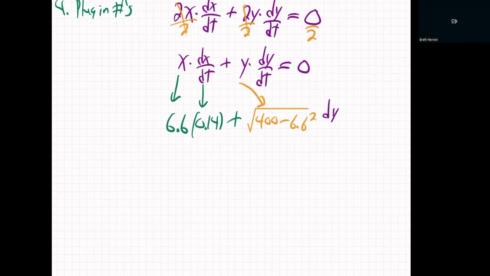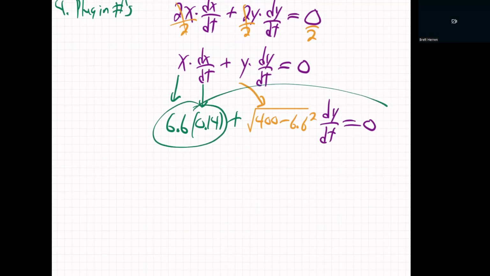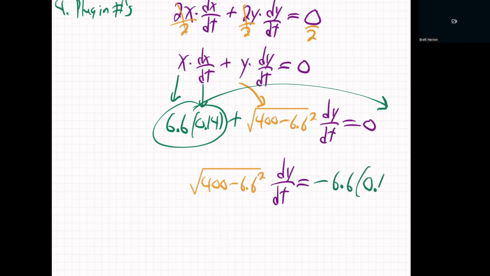Times dy/dt equals 0. So how do we solve for dy/dt? Grab this whole term and bounce it to the other side. So then we bring this down, and we get the square root of 400 minus 6.6 squared times dy/dt equals negative 6.6 times 0.14.